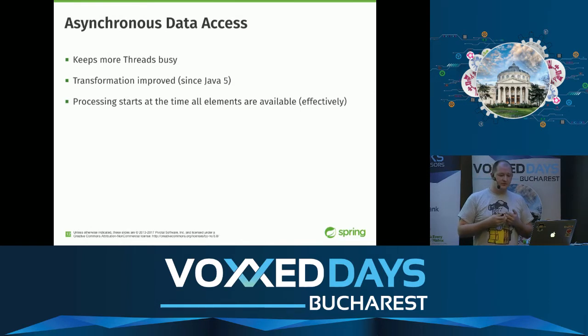This improves a little bit with Java 8 because you then get CompletionStage and CompletableFuture. But still, you have the characteristics of asynchronous data access. You trigger something within your request thread. You have to synchronize it. And the true response processing effectively starts at the time all data is available to your application.